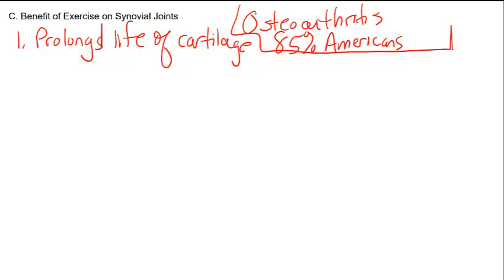It doesn't have any blood vessels. However, the chondrocytes and the lacuna need to stay alive, which means they need oxygen and nutrients. Well, the oxygen and nutrients are in the synovial fluid. So how do you get that into the cartilage? In addition, the chondrocytes produce waste and carbon dioxide that they need to get rid of.